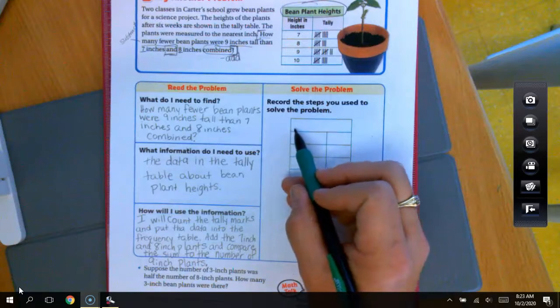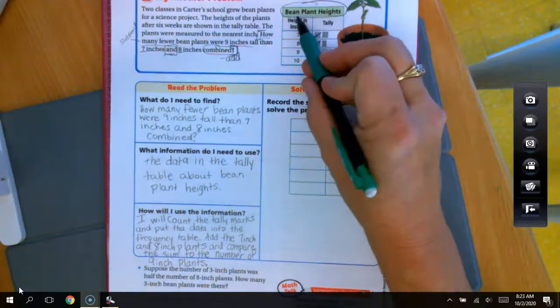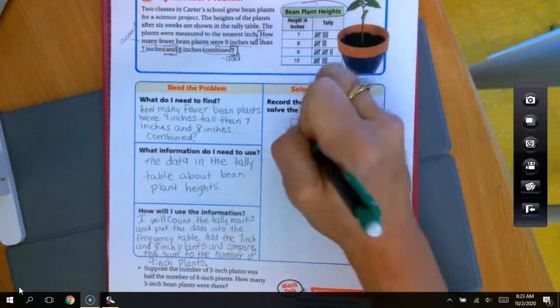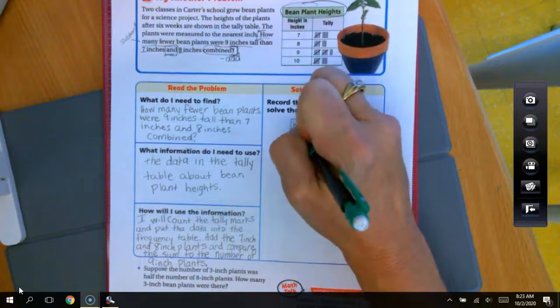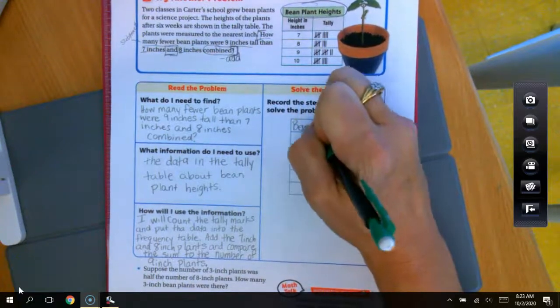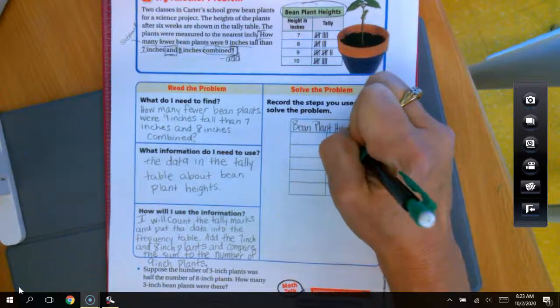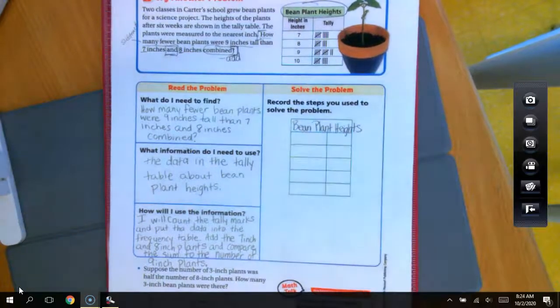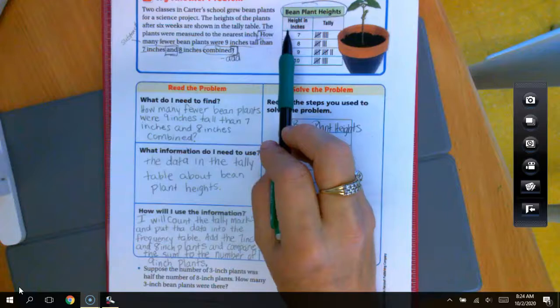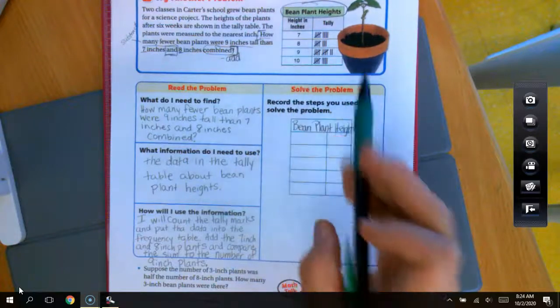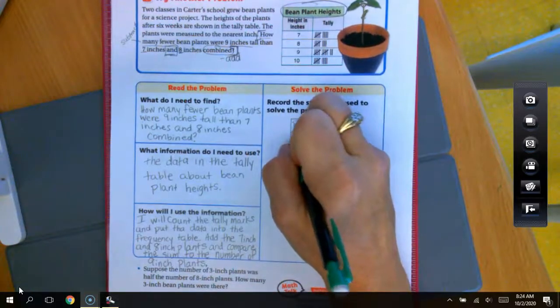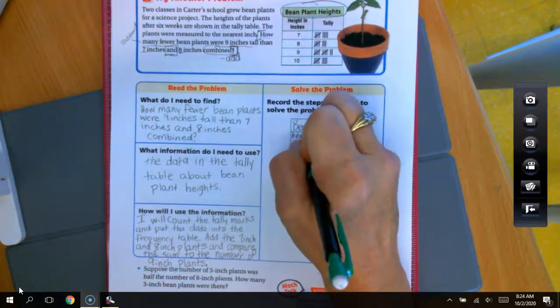So you first need to start with your title. My title is Bean Plant Heights. We're going to write that right here. Bean Plant Heights. I have height in inches. You're going to have to squeeze that in, boys and girls. They don't give you much room.